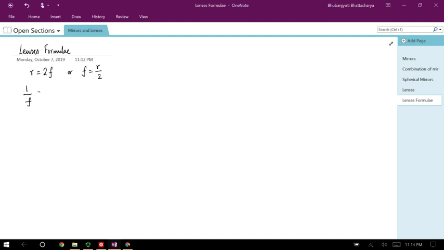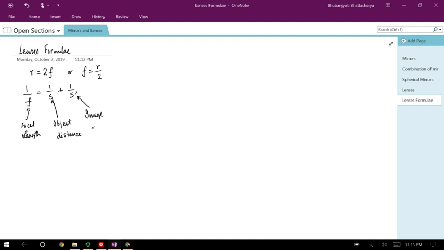It's 1/f = 1/s + 1/s'. So what do these refer to? Well, f refers to the focal length of the lens, as you know, and s refers to the object distance, and s' refers to the image distance.